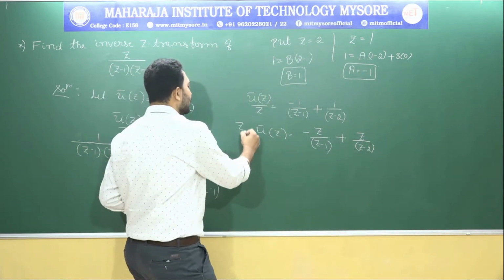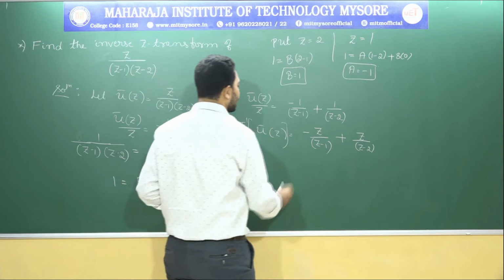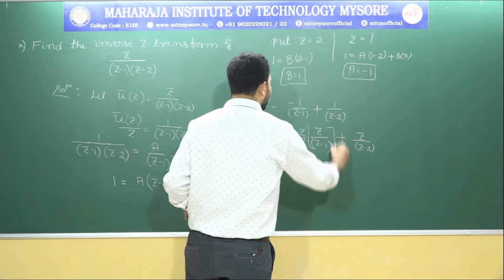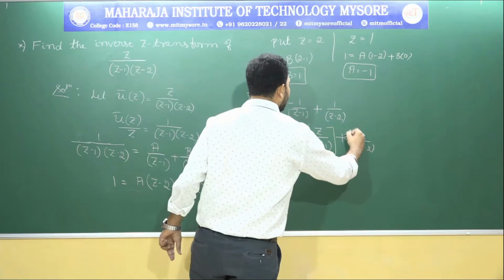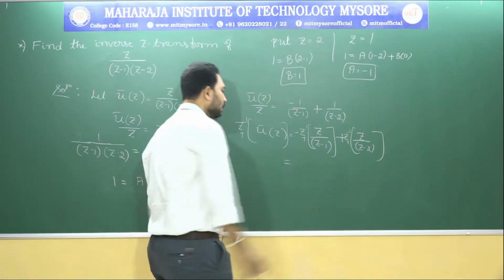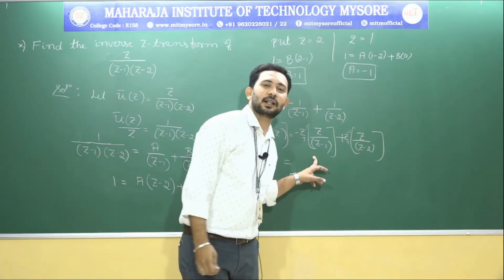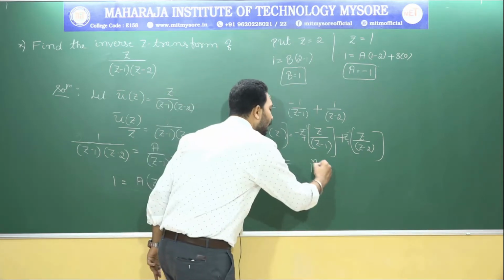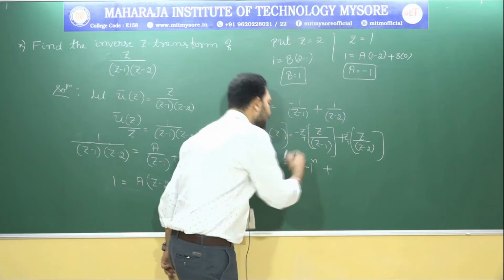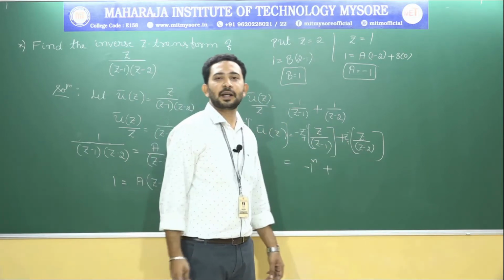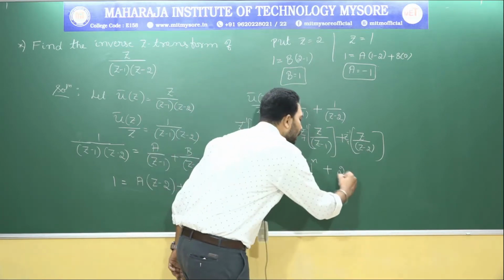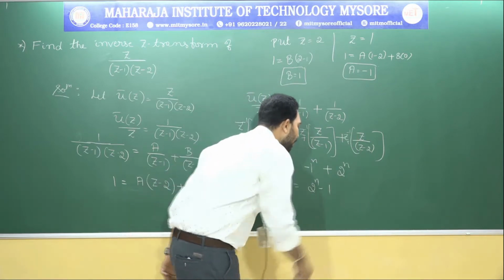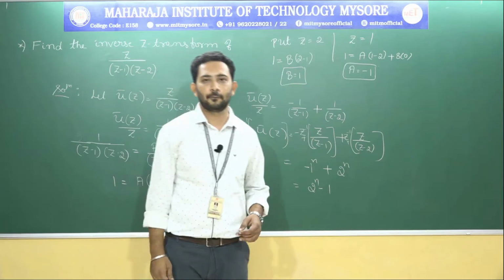Then what is the inverse of this? We know the standard result: Z inverse of Z divided by Z minus 1 is 1 power n, so minus that, plus Z divided by Z minus 2 is 2 power n. So I can write this as 2 power n minus 1.